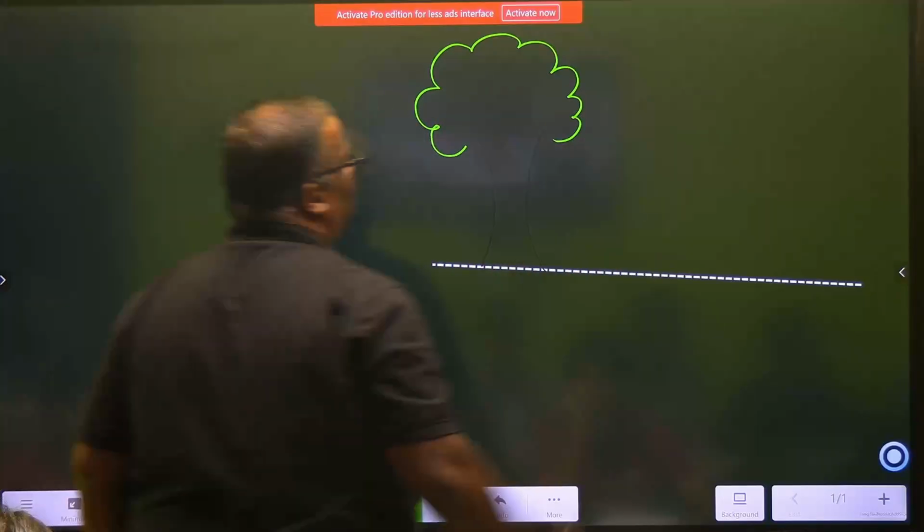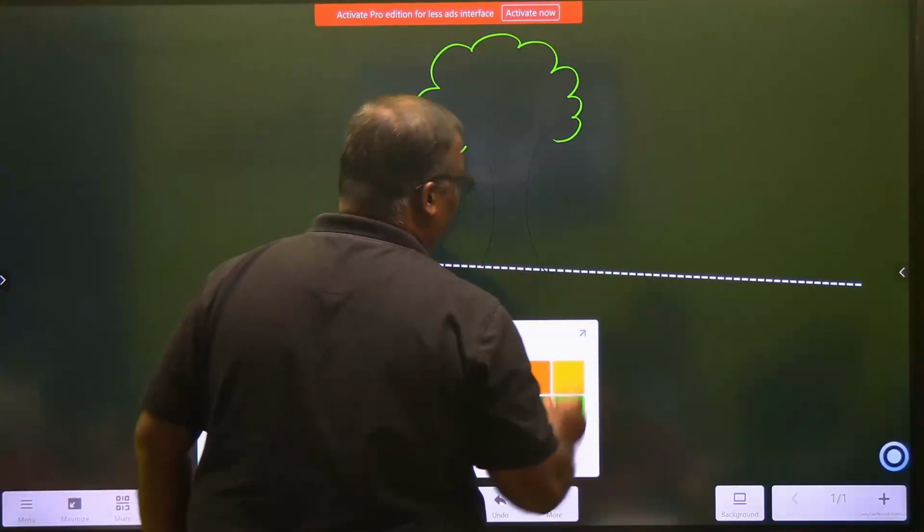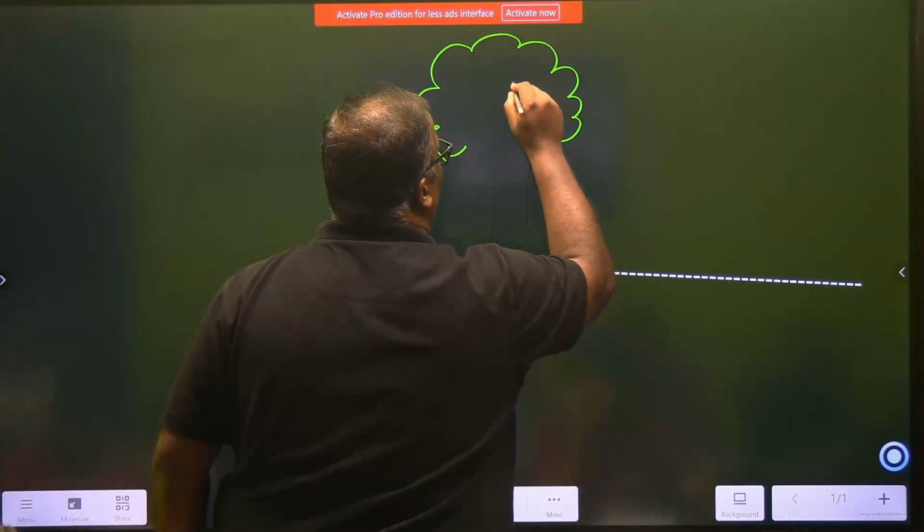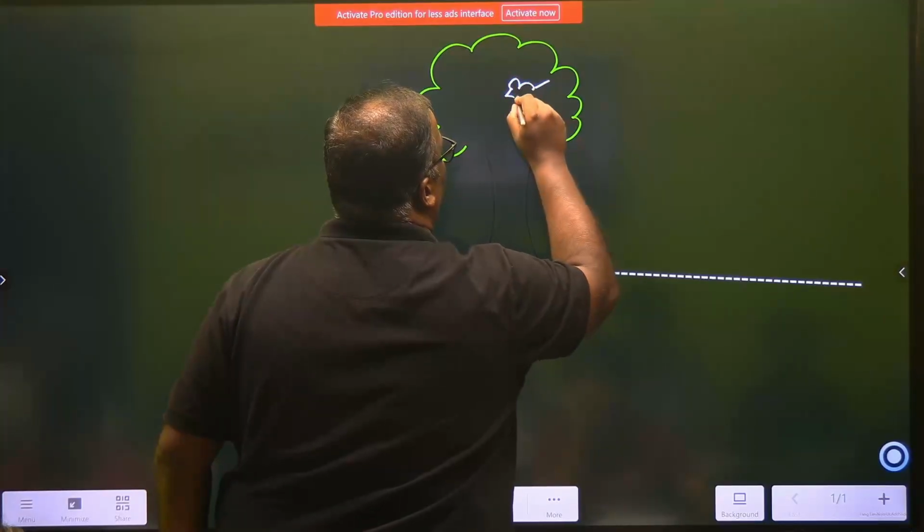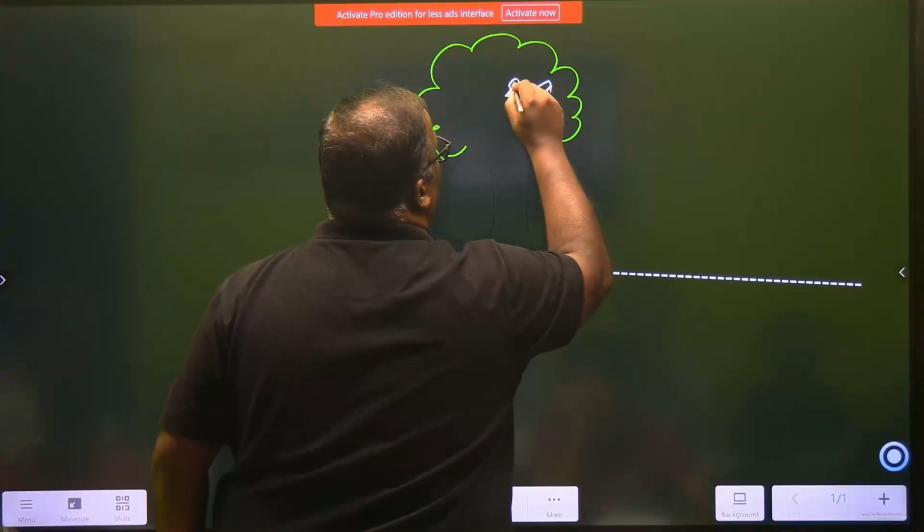Okay, I have a tree out here, right? And let's say this is a very tall tree, and in this tall tree, a lovely bird is sitting.